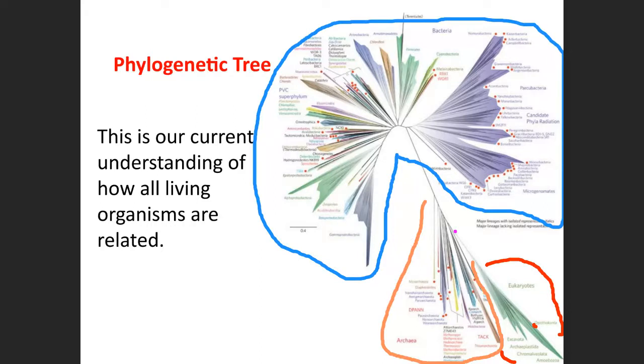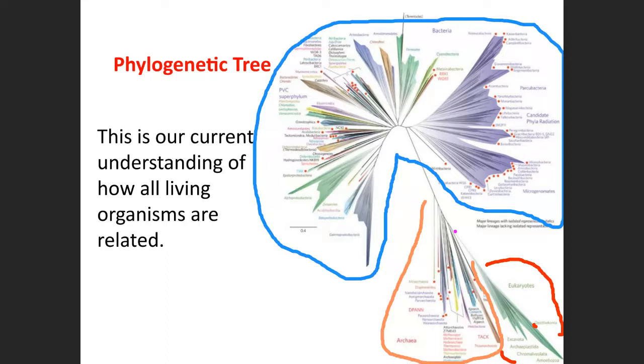We're more closely related to the archaea than we are to the bacteria. Isn't that interesting? And some of you may have heard of the theory of endosymbiosis, where we believe that early cells worked in symbiotic relationships, and eventually some of these cells inside of other cells became organelles, and then these cells that had these organelles became the more complicated eukaryotic organisms that we see today.